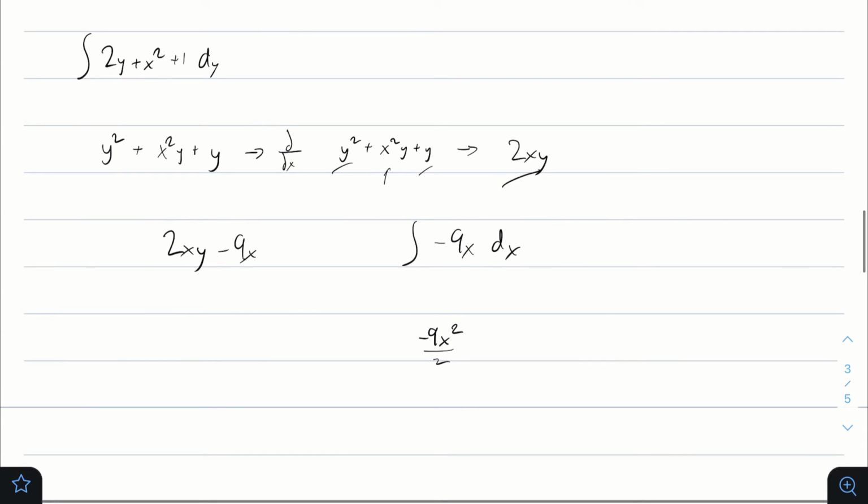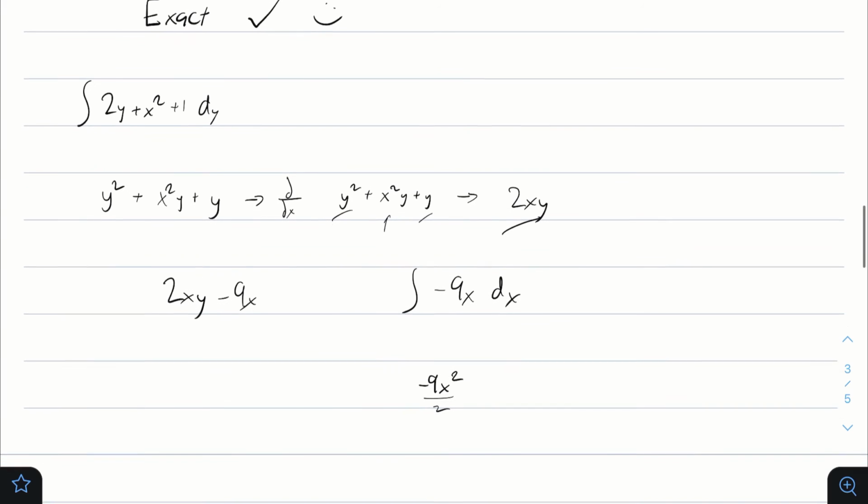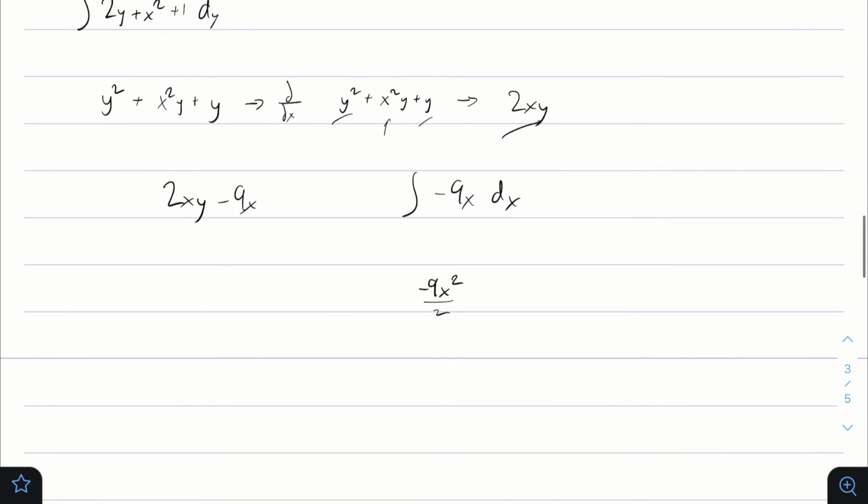Okay, and so now our solution here should be y squared plus x squared y plus y minus 9x squared over 2, plus some constant because we're integrating.